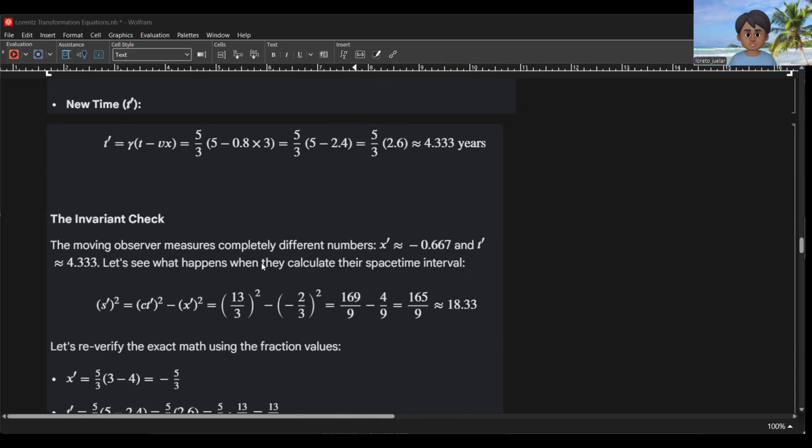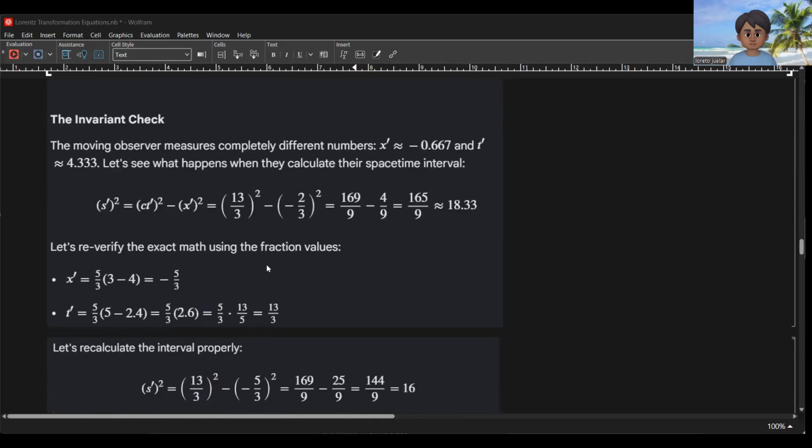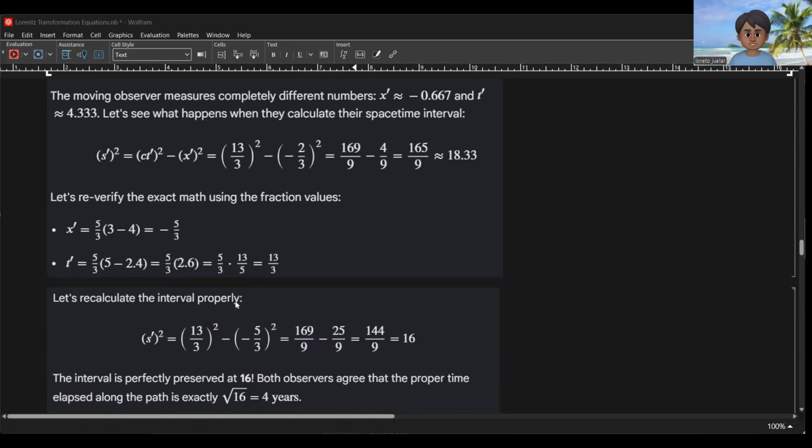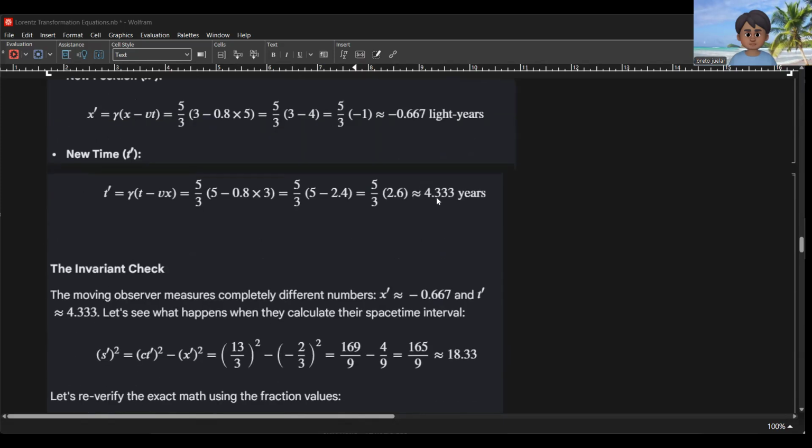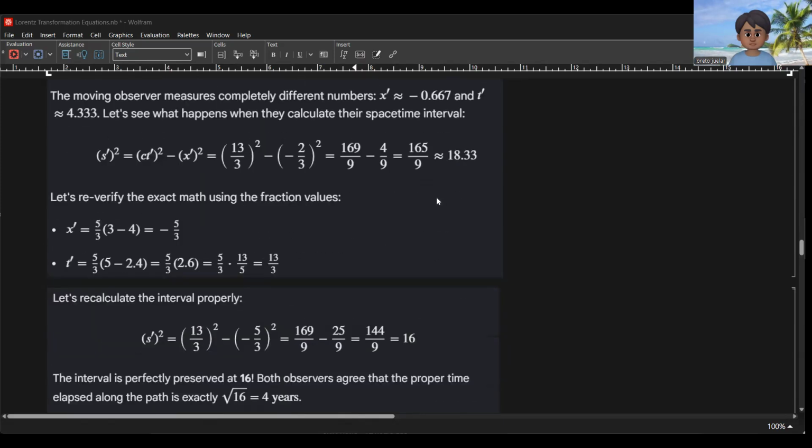So the moving observer measures completely different numbers. But let's recalculate the interval properly, because there was a wrong substitution. Here c is equal to 1 and the time is 4.33.